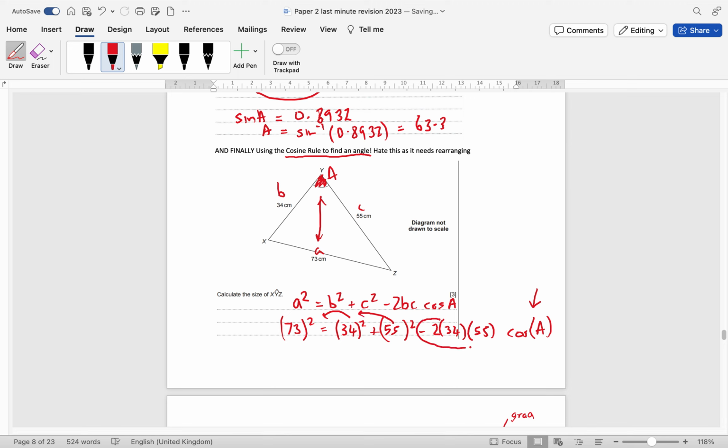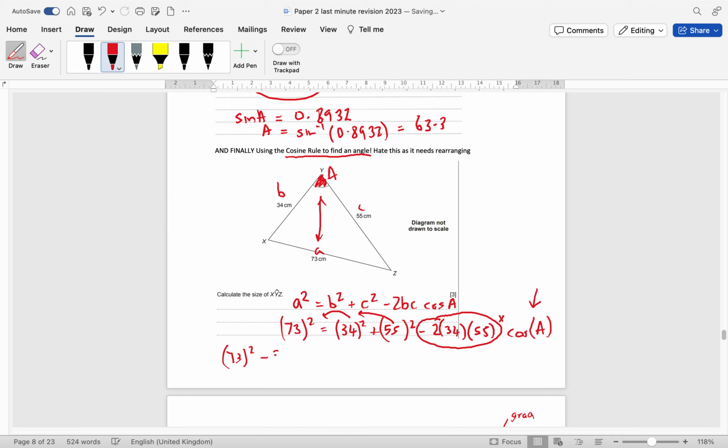And this, whatever this is, when I work this bit out, right, is then timesing that cos A. So I will then have to divide by this. Okay, so hopefully this makes sense. Now, you could have done some of this by now.